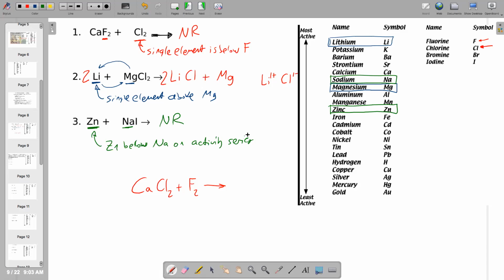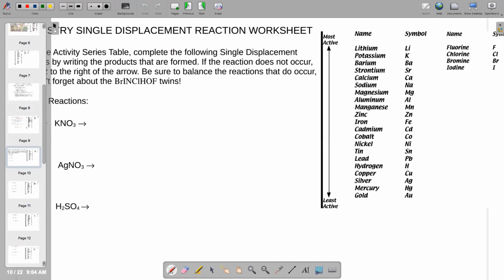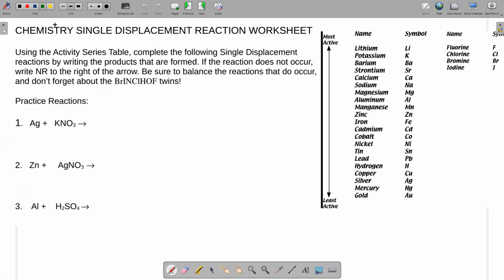Now, you have this big sheet, there are 20 of them. The paper that says chemistry single displacement reaction worksheet: you need to have a periodic table handy so you can tell what the charges are going to be.